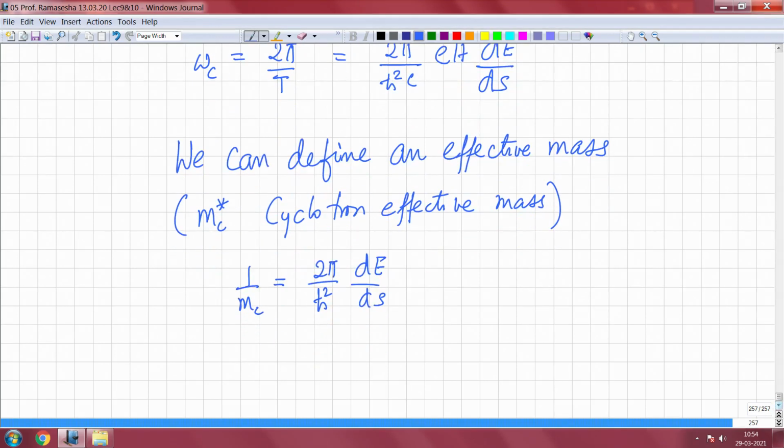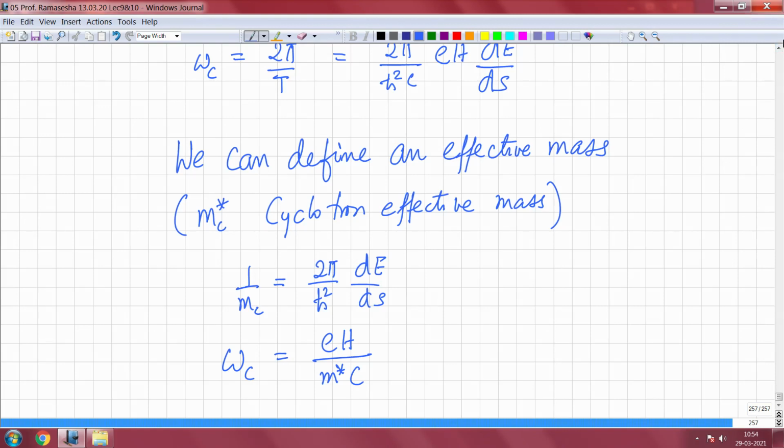So we have an expression in terms of the effective mass. So I can say that omega c is equal to eH by m star c. So you see that m star is h cross squared by 2 pi dS by dE.